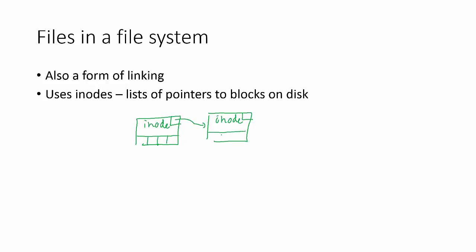Next to pointers to the next inode, an inode also has pointers to the blocks of a file on the disk. So these are the blocks on the disk.